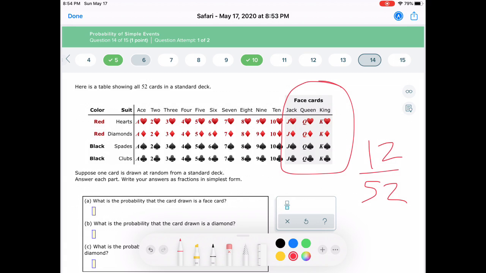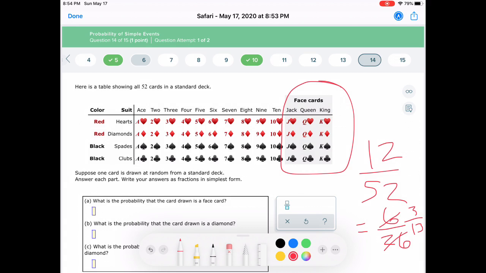So we have 12 out of 52, and we can obviously simplify this. We can divide both of these by 2, which gives us 6 out of 26. And we can divide each of those by 2 again, so we could have 3 out of 13.